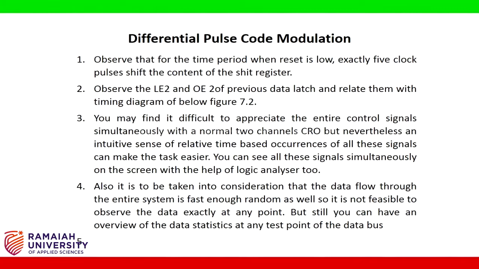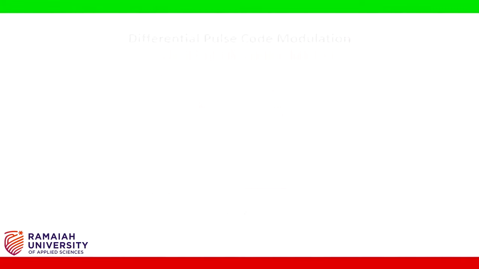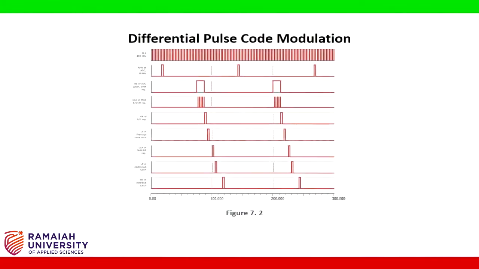Also, it is to be taken into consideration that the data flow through the entire system is fast and random as well, so it is not feasible to observe the data exactly at any point. But still, you can have an overview of the data statistics at any test point of the data bus. Figure 7.2 shows waveforms at different stages of DPCM.